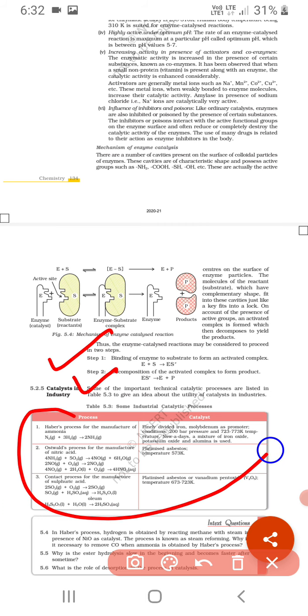Here in this table, a number of reactions are discussed. In these industrial processes, catalysts are required. By the use of these catalysts, the reaction becomes fast, the rate of reaction enhances. So students, please learn these catalysts of the industrial processes.